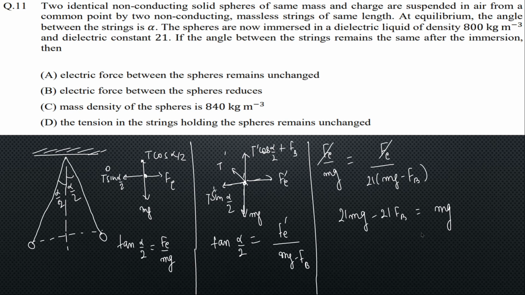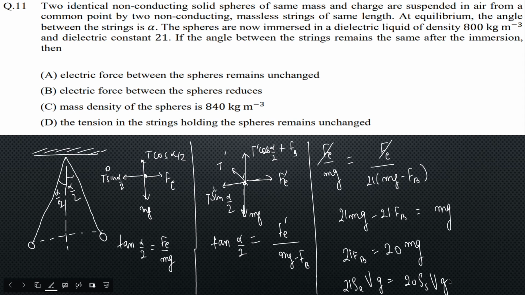So we have 21 Fb equals 20 mg. For that I'm going to use 21 times rho of liquid times volume of the sphere times g, which would equal 20 times rho of the solid sphere times volume times g.